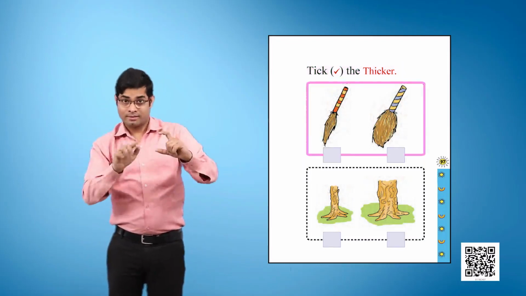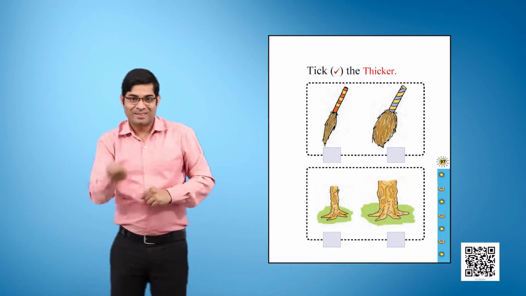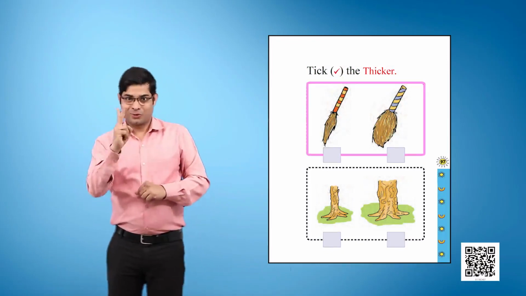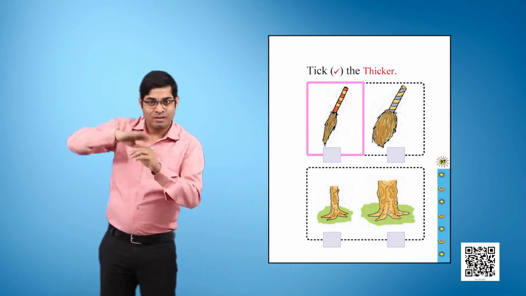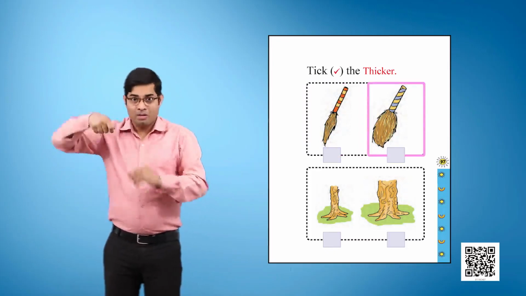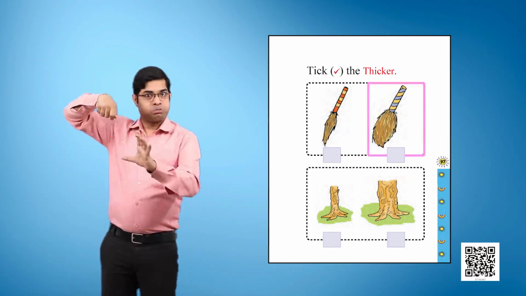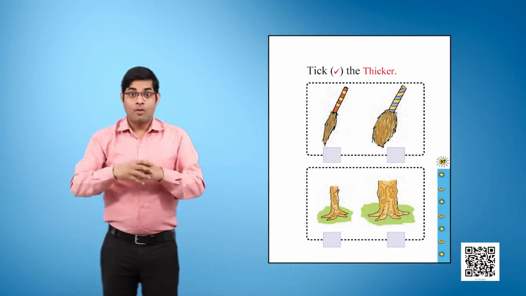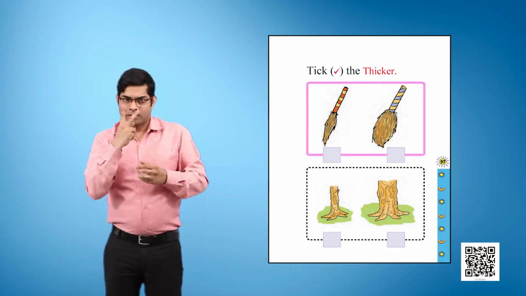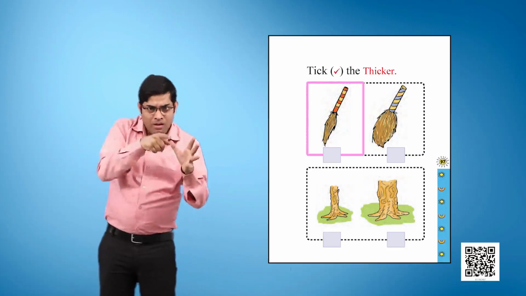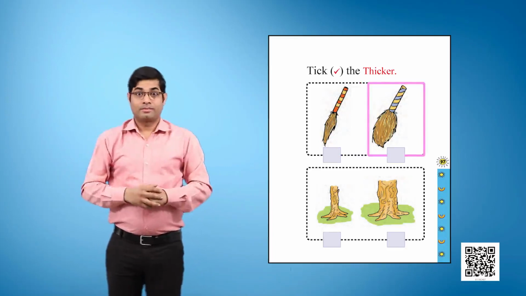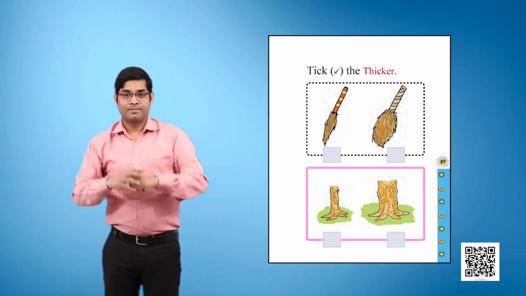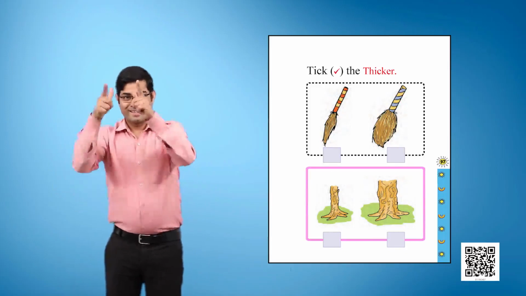Part 2 Picture 1 shows 2 brooms. Broom 1 has less sticks and broom 2 has more sticks. You have to tell which broom is thicker, broom 1 or broom 2. Picture 2 shows 2 tree trunks.